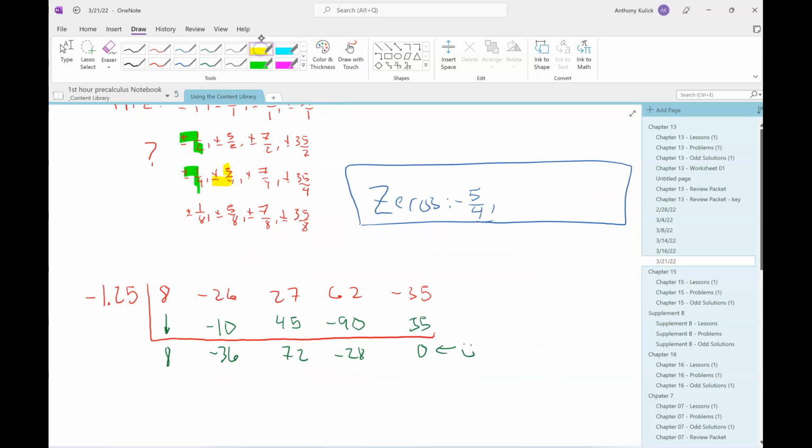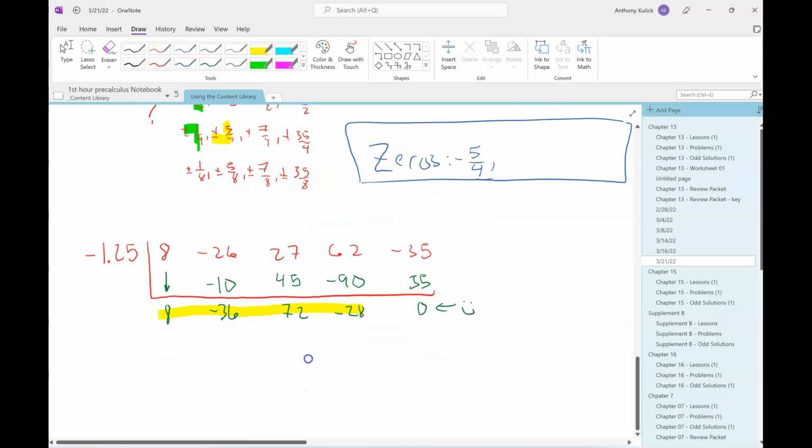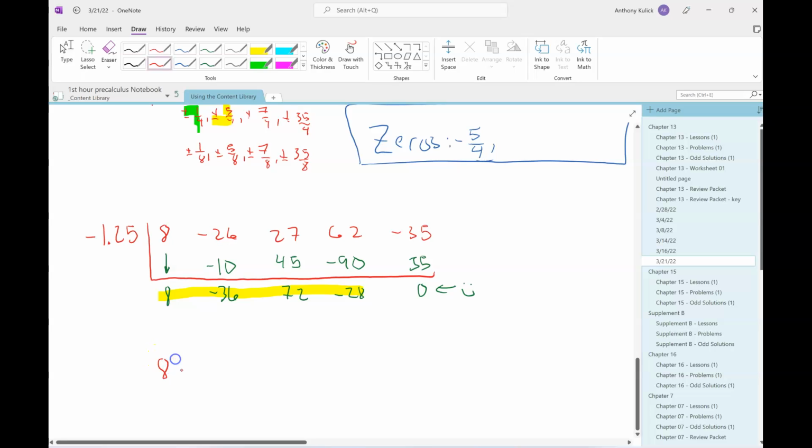Now I'm going to use my quotient and do another synthetic division. And now I'm going to have to choose whether I want to use 1/2 or 1/4. I'm going to choose to use 1/2.